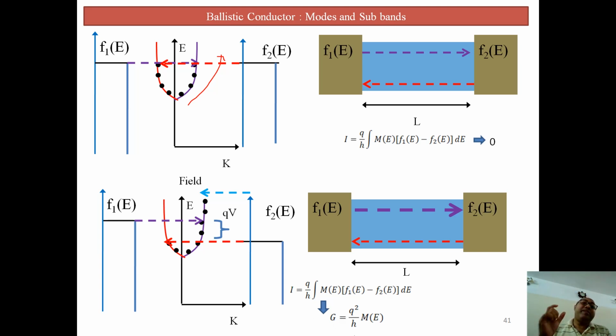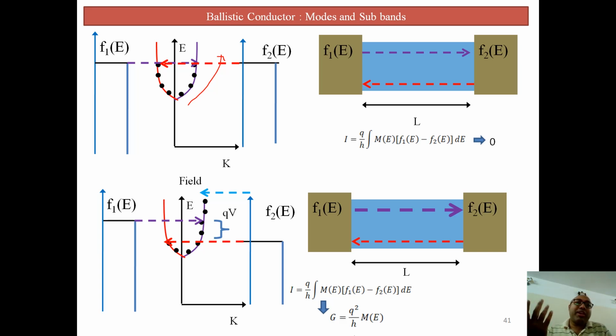And this is a very important result, because what is the conductance of a small material? Around 2000, about 30 or 40 years back, there was a lot of debate on it.